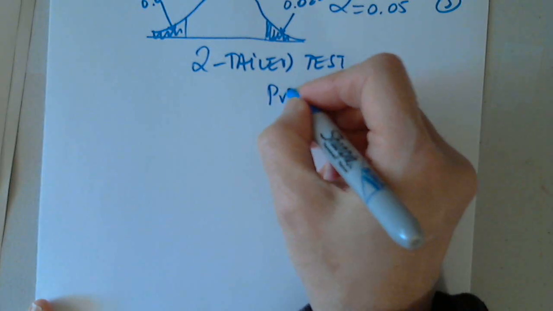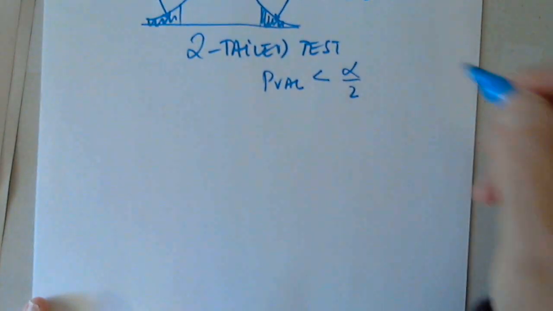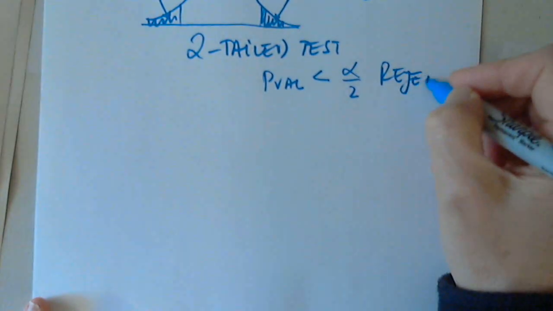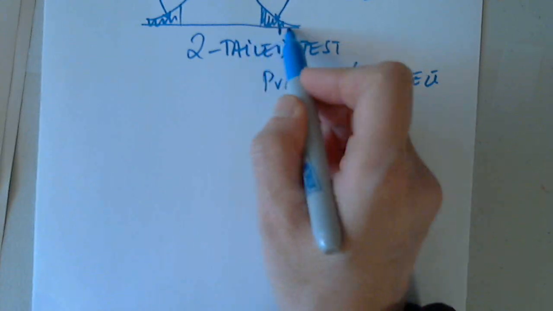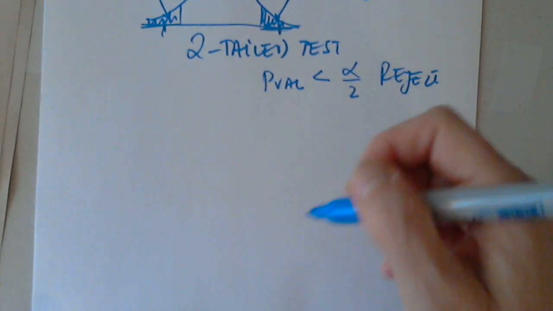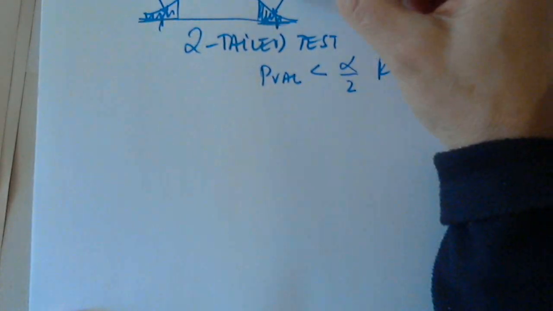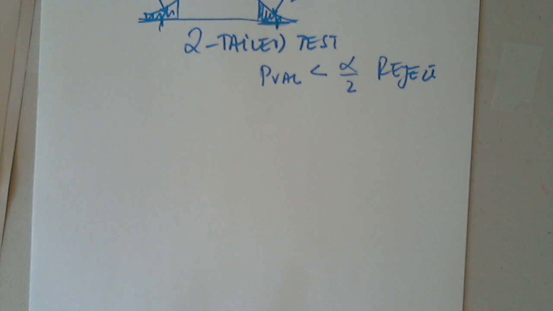Now the p-value has to be less than alpha over 2 to reject. It has to be anywhere here in the rejection area, or anywhere here in the rejection area. But as a probability, it has to be lower than this number, which in this case represents alpha over 2.